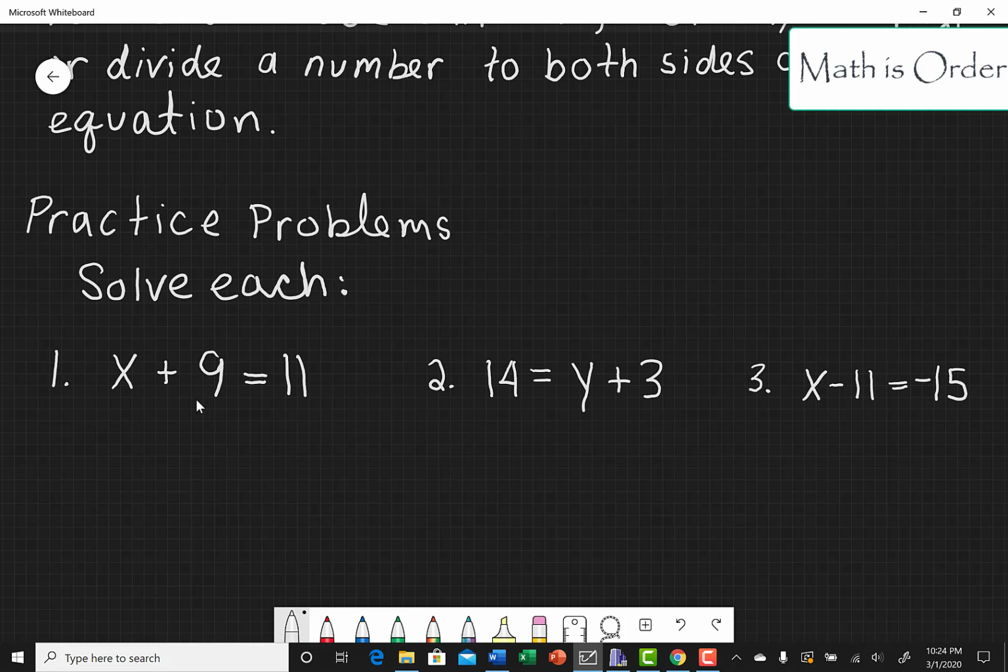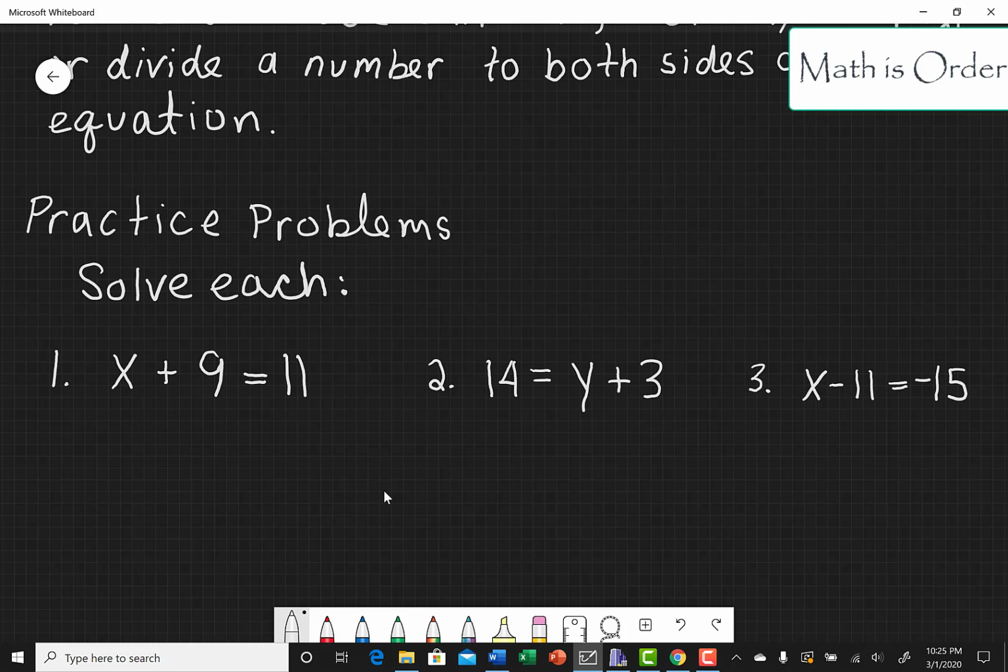So in order to get rid of 9, we should ask, what is 9 doing to the variable? It's added to the variable, see? So we have to do the opposite to get rid of 9. So what we do is we subtract 9 to both sides of this equation.